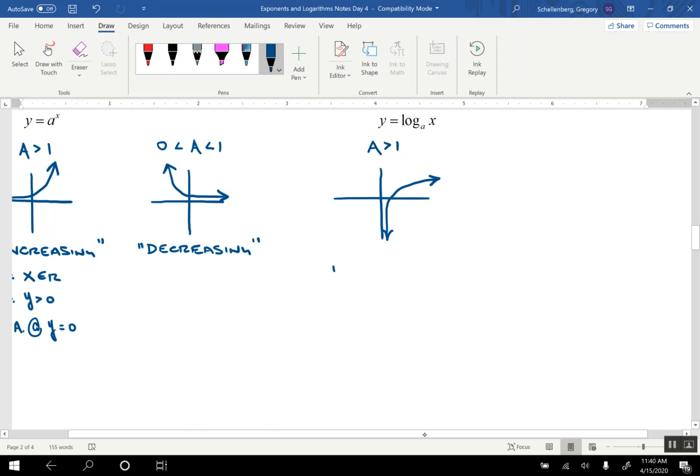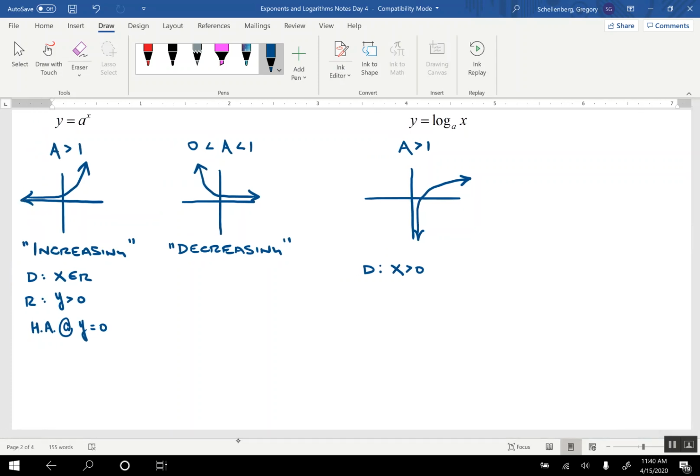Now, some differences here, or opposites. The domain of this, x is greater than 0. Compare that to the range of an exponential function. So we're switching x and y. These functions are inverses of one another. Range, y is an element of the set of real numbers. This one doesn't have a y-intercept because it has a vertical asymptote at x equals 0.